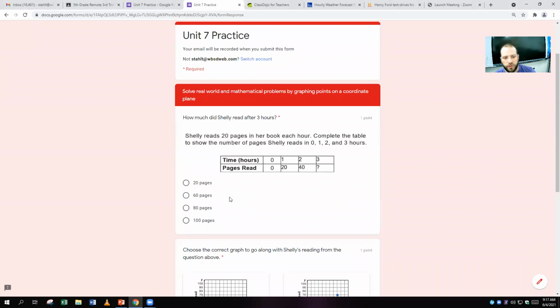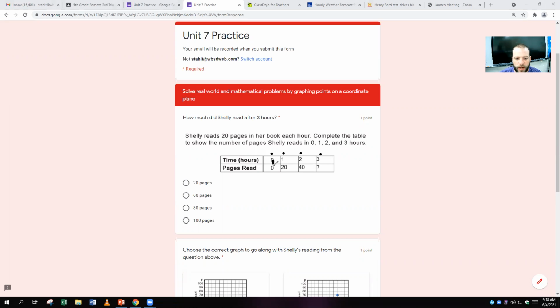Next, it says, does the student know how to solve real world and mathematical problems by graphing the actual points on the coordinate plane? So looking here, the first question says, how much did Shelley read after 3 hours? Well, Shelley reads 20 pages in her book every single hour. Complete the table to show how much she's read at hour 0, hour 1, hour 2, hour 3.